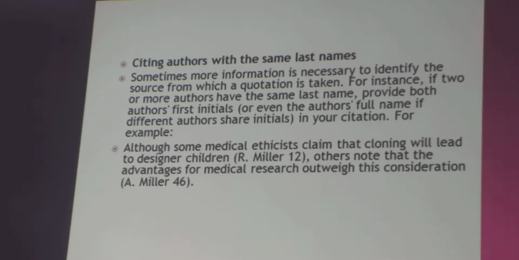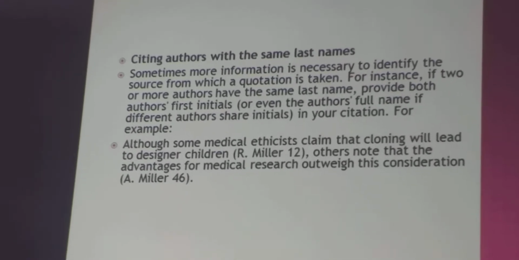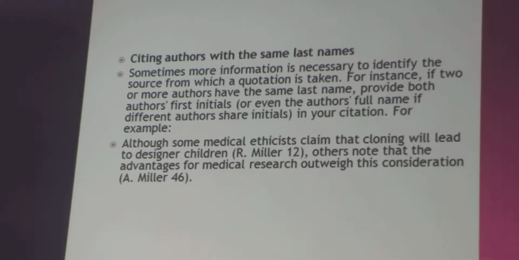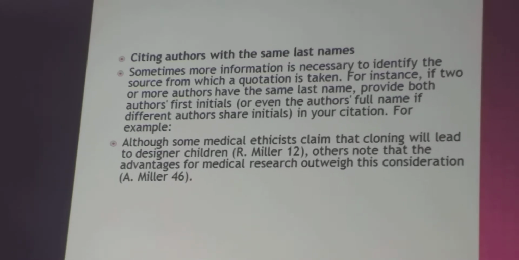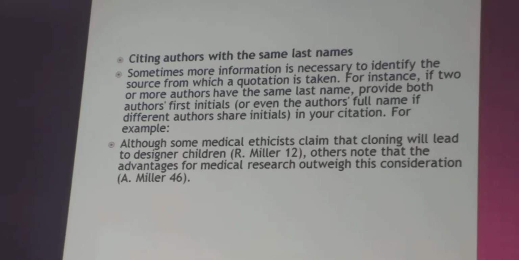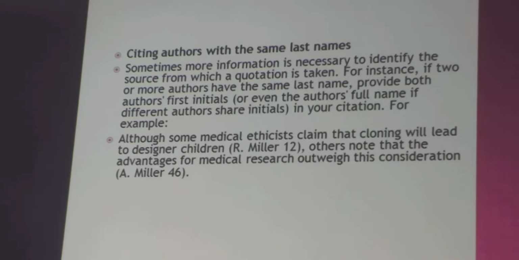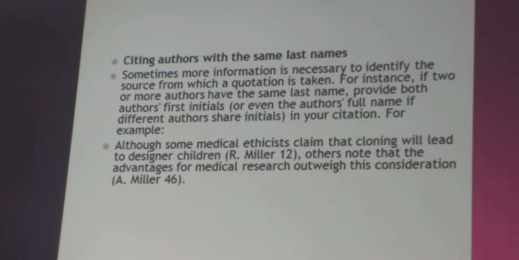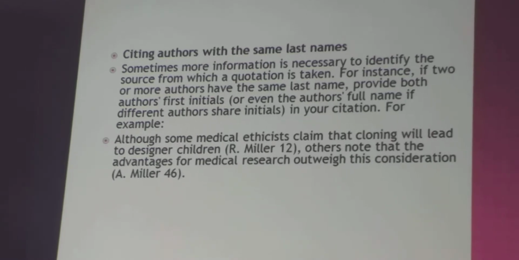Citing authors with the same last name. Sometimes you are working with authors who have the same family name. So in this case, how can I cite two or three authors with the same family name? This question is also asked about how to list them in APA style, and I want you to answer that through emails.